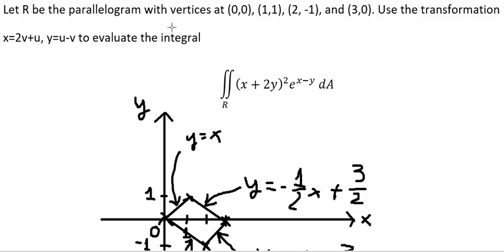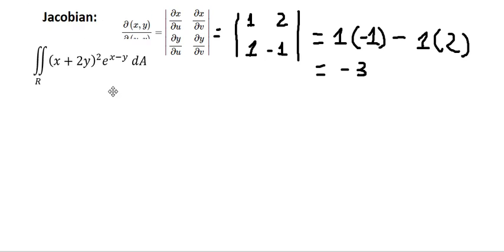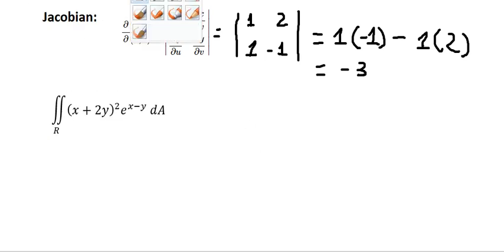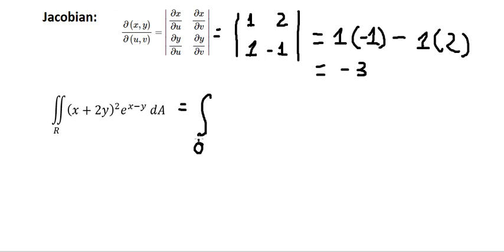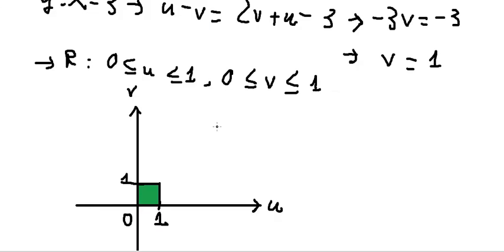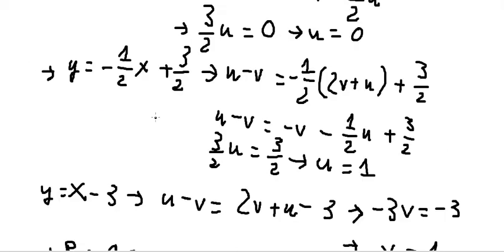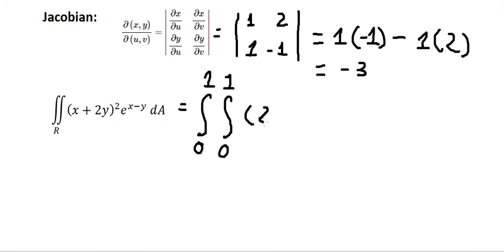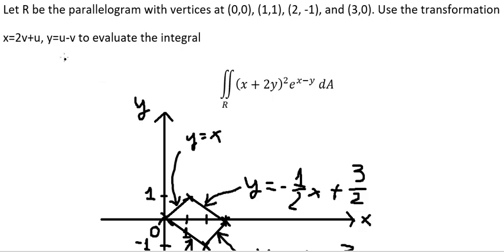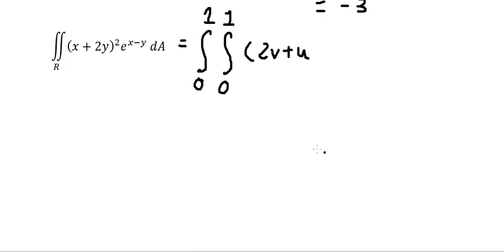Now we have these double integrals in here. Now we need to put the bounds from 0 to number 1 and 0 to number 1. About x, we need to change it to 2v plus u. About y, we need to change it to u minus v.